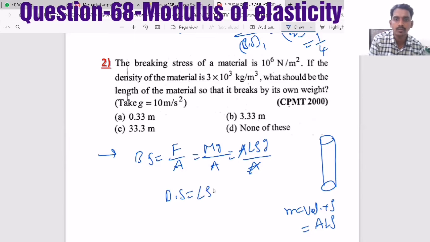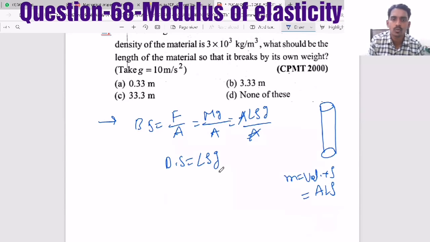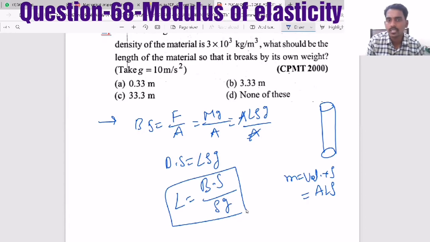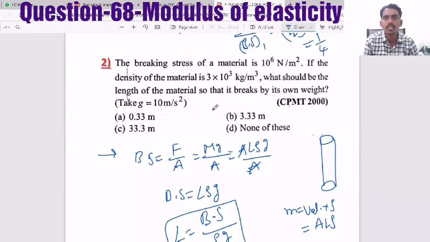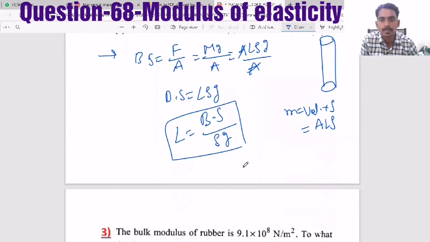So breaking stress will become L rho g. So what should be the length of the material so that it breaks by its own weight? The length equals breaking stress by rho into g. In the given question, they have given density, breaking stress and g value. Everything they mentioned, you just substitute and solve the question.